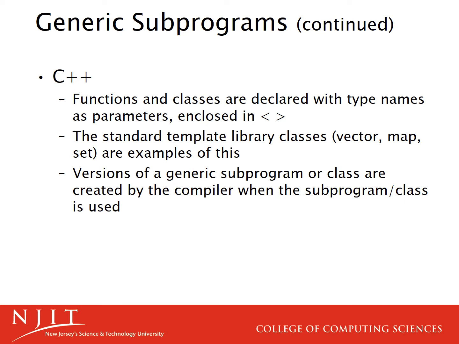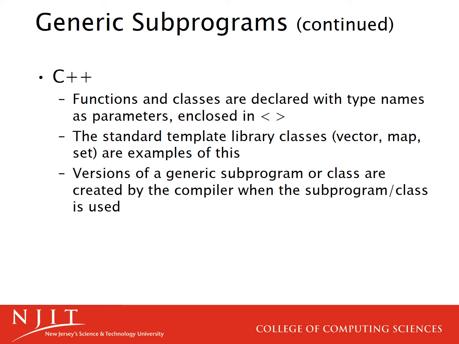The idea is that you might have a method or you might have a class where every single thing about the class is identical except for the type of some variable in the class. The algorithm's the same, the storage management stuff is the same, it's just the type.